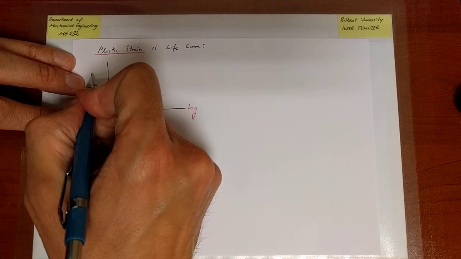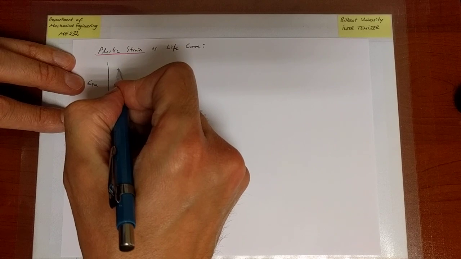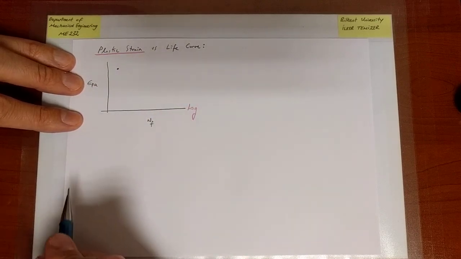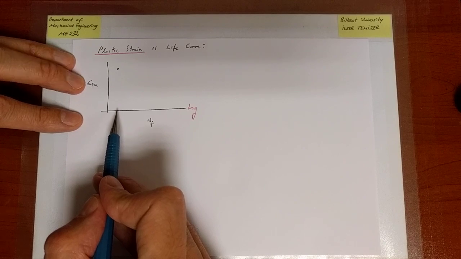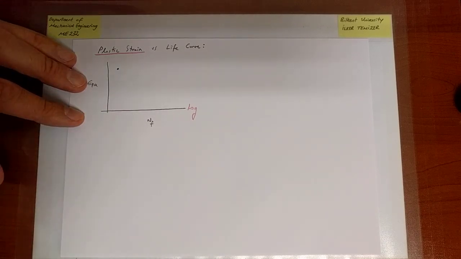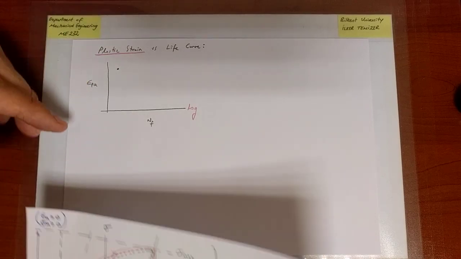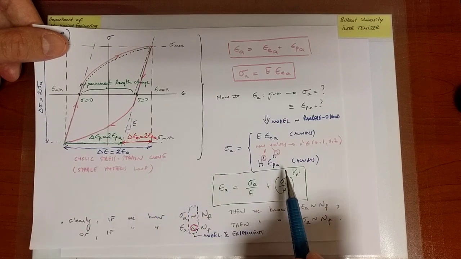So for a given measured plastic strain amplitude, I put a dot here at the point where failure occurs. Now, the idea is the plastic strains, of course, are larger if the stresses are larger. How do I see that? Well, I can see it directly from the Ramberg-Osgood model of the cyclic stress strain curve.